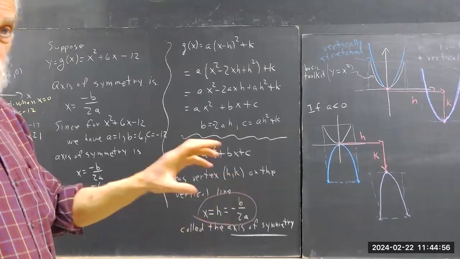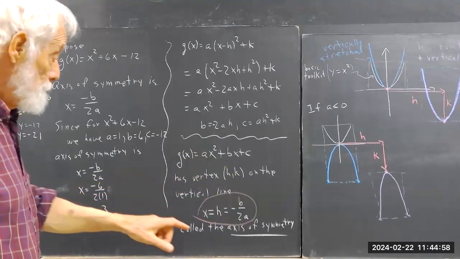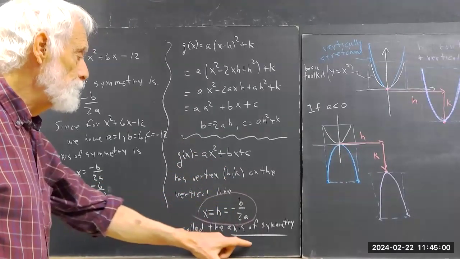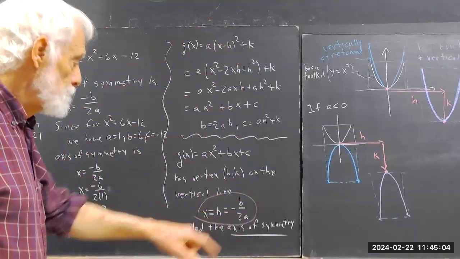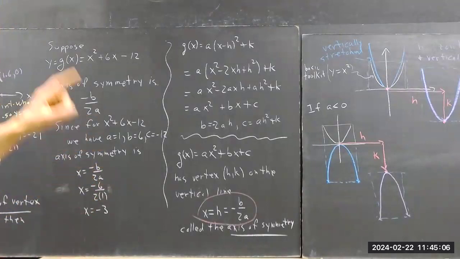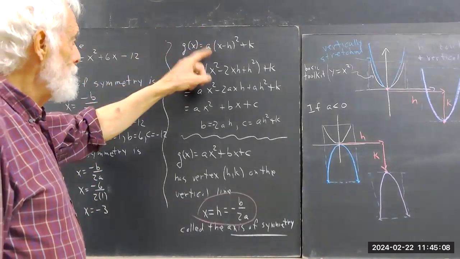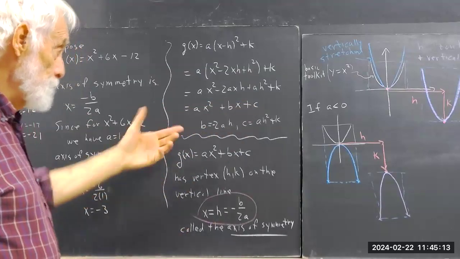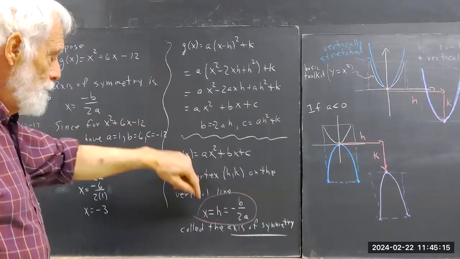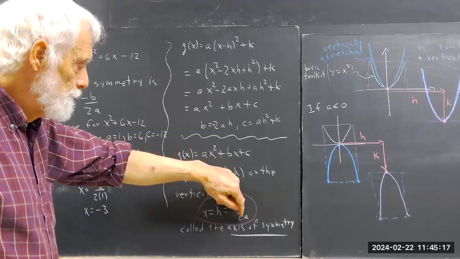But if you do, it's really good. Okay. So you get this, and this is called the axis of symmetry. So everything I've done here tells us that if you have a g of x in this form, or in the form ax squared plus bx plus c, sorry, in this form, then your axis of symmetry is at negative b over 2a.